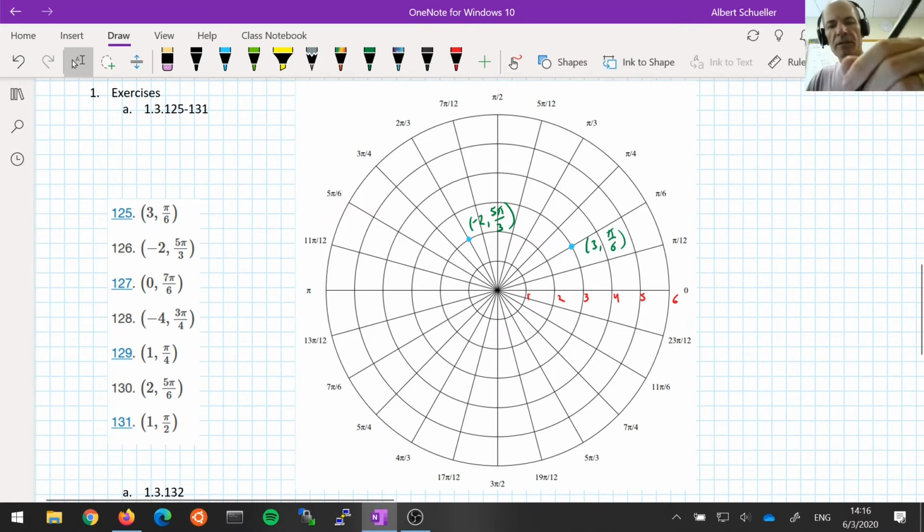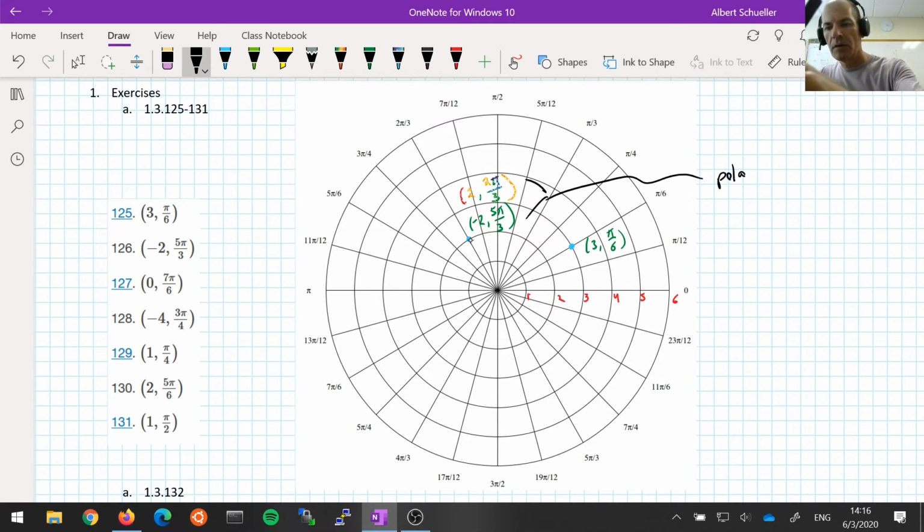So another way that we could have expressed this without the negative r would be to write, let's see, what's a good color to use? Let's use rainbow color. So another way to write this would have been (2, 2 pi over 3), like that. And that's an important lesson to learn here.